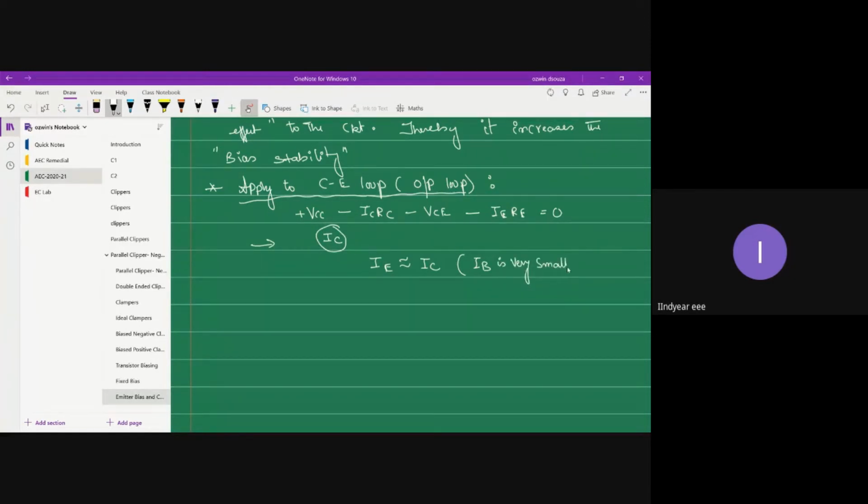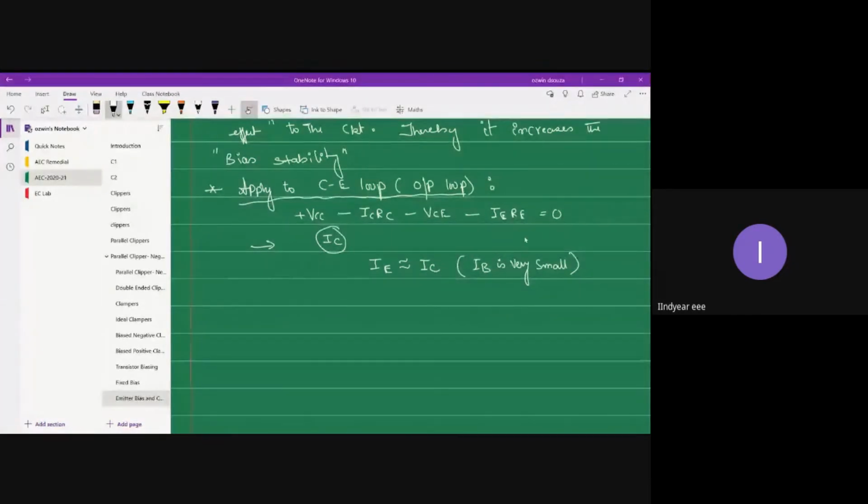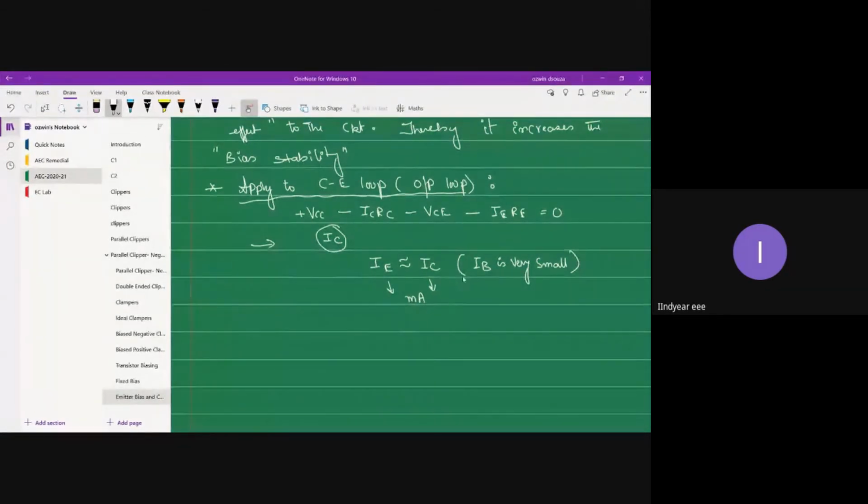When you compare the magnitude of base current with emitter and collector current, you can neglect the base current. I have told you in the introduction class that emitter and collector currents vary in milliamperes, and IB normally varies in microamperes. Micro is very small compared to milli. Hence, you can say that IE is approximately equal to IC.